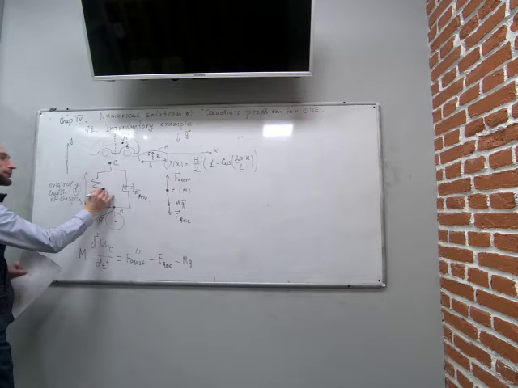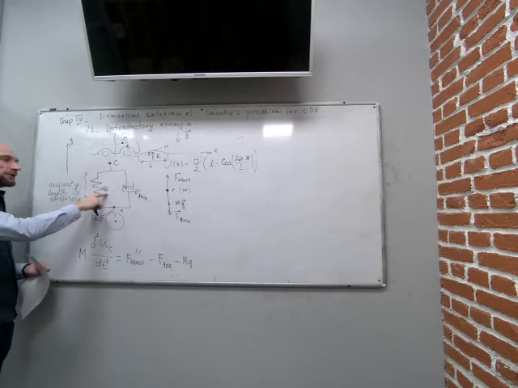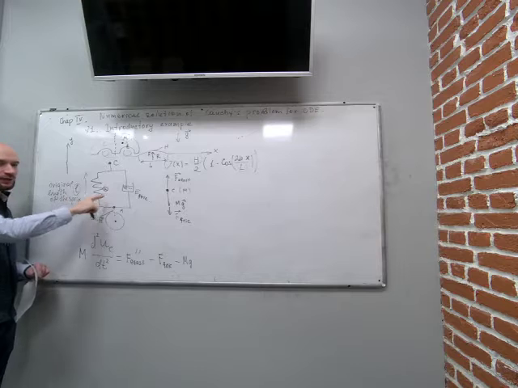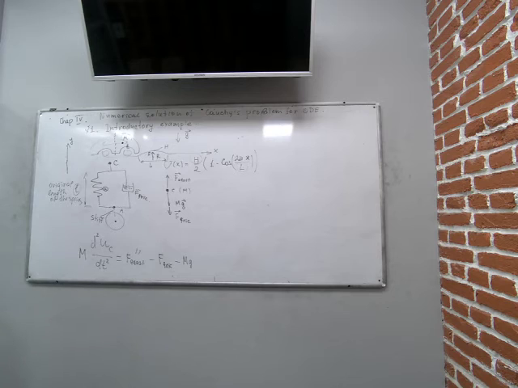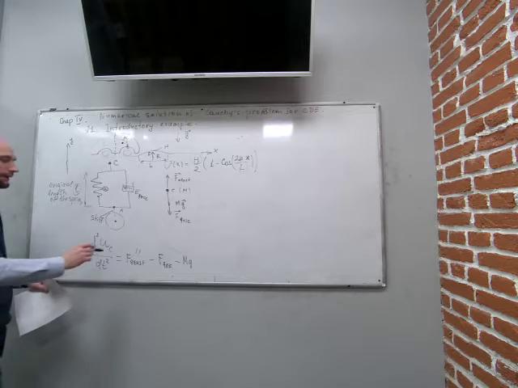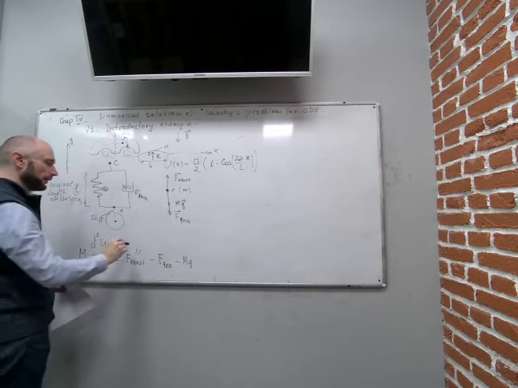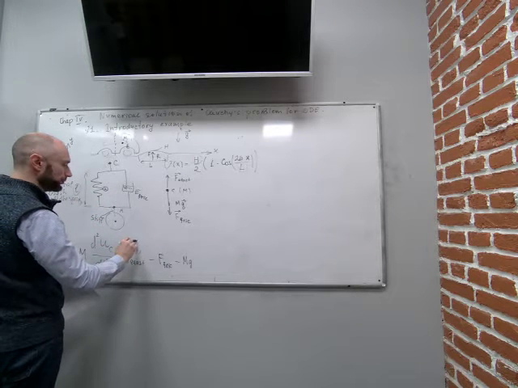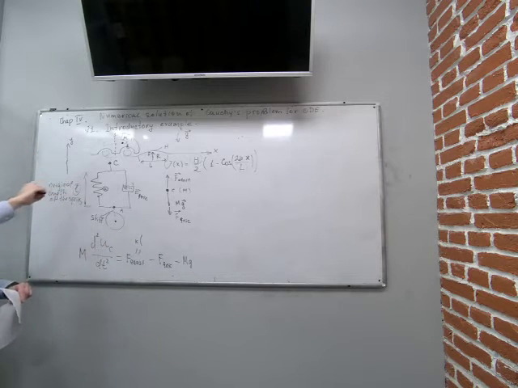We need to know also some other information about the spring, and let's call this information k small. It will be the elasticity coefficient. Let's say that it is a linear elastic construction. So it obeys linear elasticity, or Hooke's law, which means that this force is equal to k multiplied by the change of the length of the spring, right?